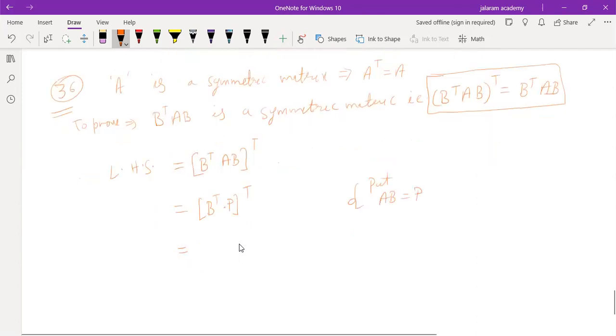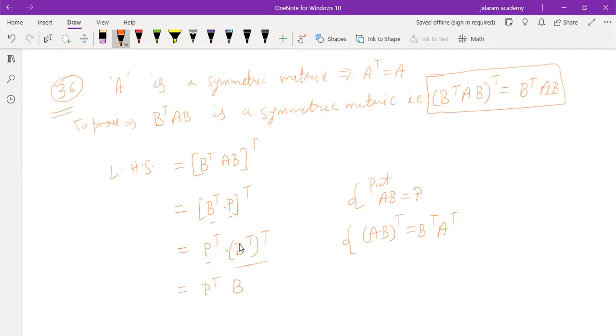Now we know that AB whole transpose equals B transpose A transpose. So it becomes P transpose into B transpose whole transpose. In place of B, it is P, so P transpose. In place of A, it is B transpose, so B transpose whole transpose. Also, B transpose whole transpose equals B. So P transpose into B.